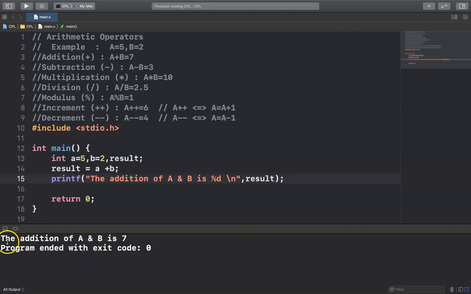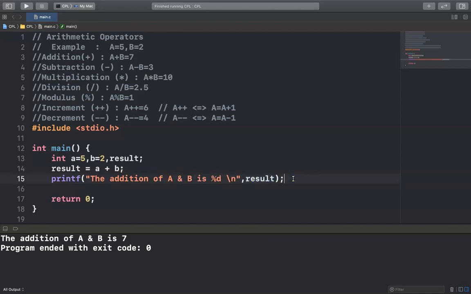You see, here the addition of A and B is 7 because A is equal to 5, B is equal to 2, and then we give the result equal to A plus B. A plus B, 5 plus 2 is equal to 7. And we print the result here. So the addition of A and B is 7.